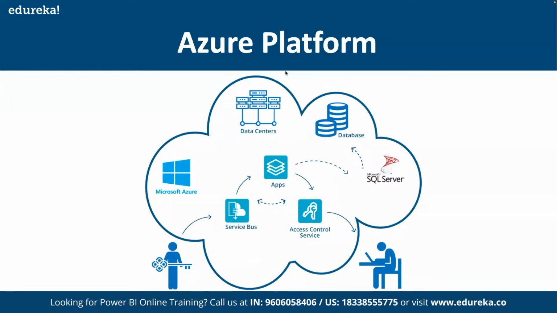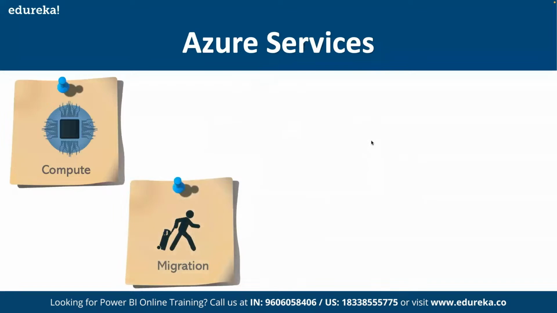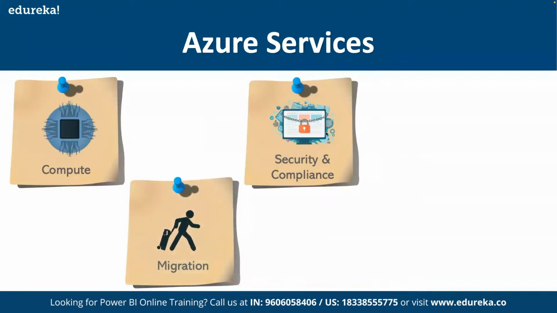It also provides services for storage. We can get cloud storage for both structured as well as unstructured data. It also provides services for migration, which help us migrate data from on-premise to the cloud domain.